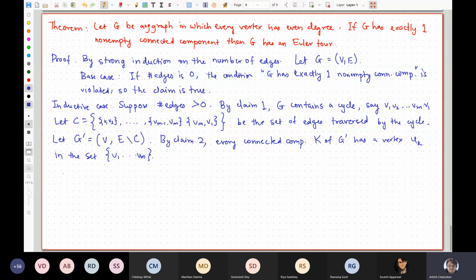Okay. So now every vertex of every connected component K of G prime has even degree.